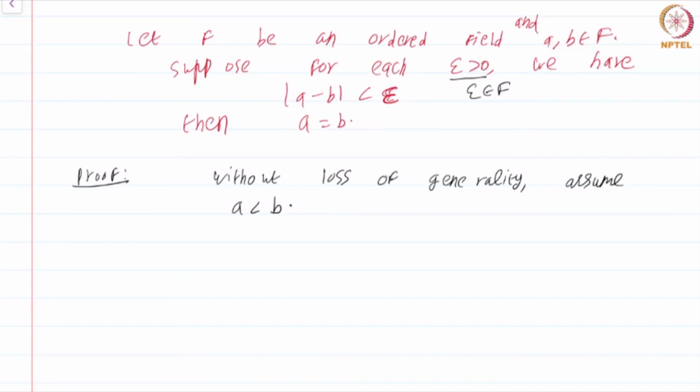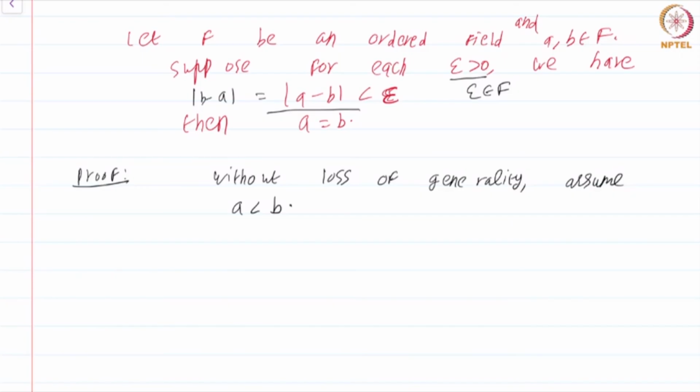The way it is written, you have a feeling that a and b indeed have asymmetric roles, but that's not the case, because modulus of a minus b is the same as modulus of b minus a. So there is no distinguished role for a or b. If I can prove the case a less than b, then I'm done for the case b less than a also. So I'm going to assume that a is less than b and reach a contradiction.